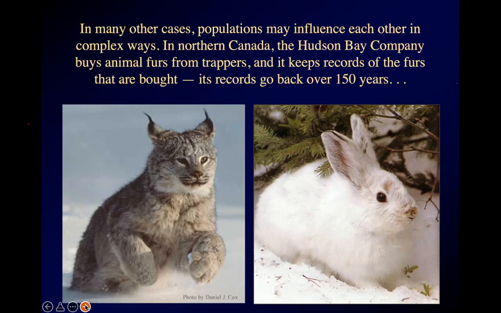And when the population's small, trappers manage to catch only a few animals of that species. So we can use the number of furs that trappers bring into the Hudson Bay Company as an estimate of overall population size. And those records go back over 150 years.